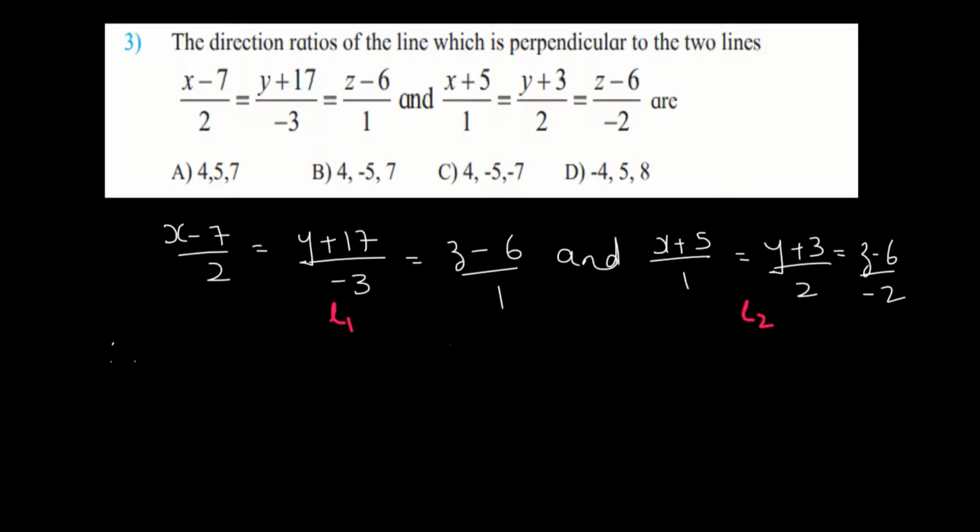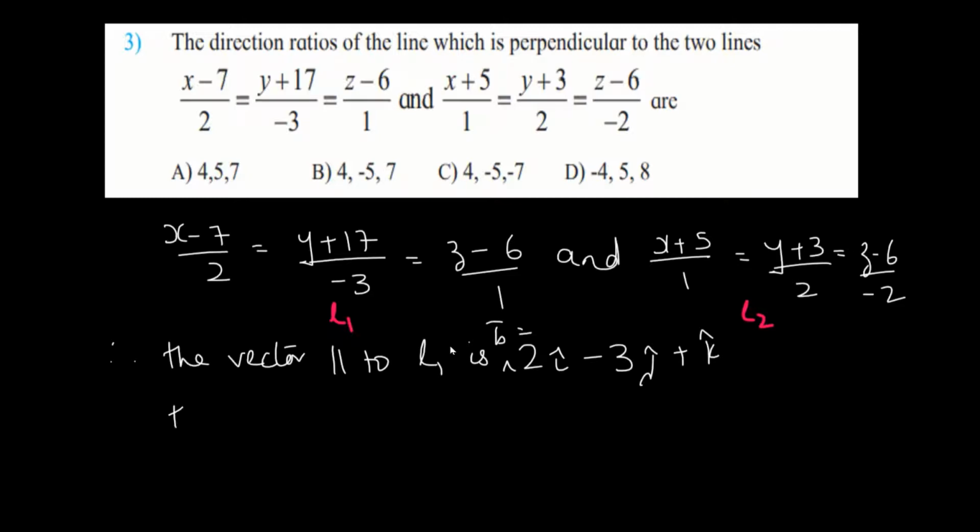So we can say that the vector which is parallel to line 1 is given by the denominators over here. So it is 2i minus 3j plus k. Let this be b bar.